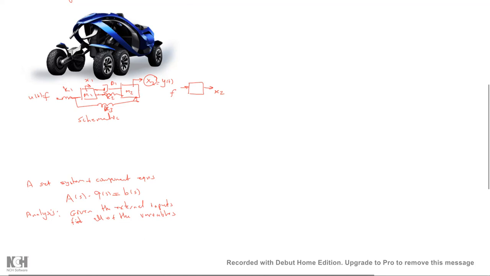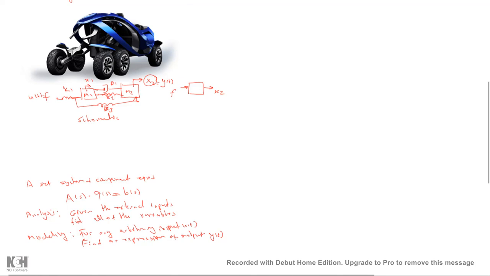So modeling for us will be, for any arbitrary input U of t, find a mathematical expression that shows me what the response Y of t will be.